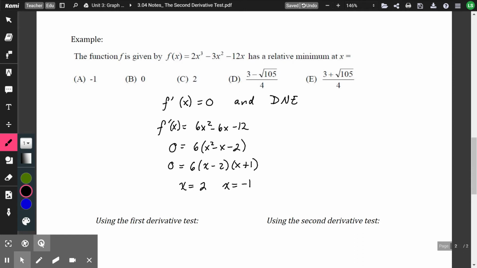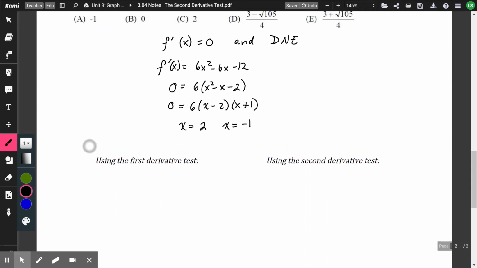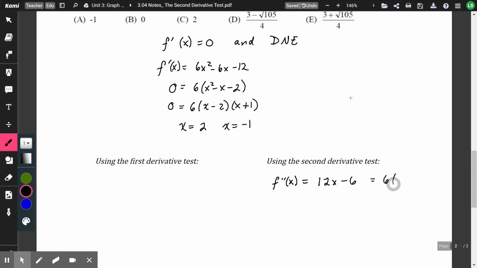So for your second derivative test, our next step is to actually find the second derivative. You can also factor this if you feel like it's going to help you out. What we're going to do is take those critical values of 2 and -1 and just plug them straight into the second derivative itself.